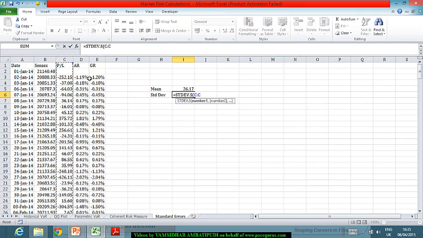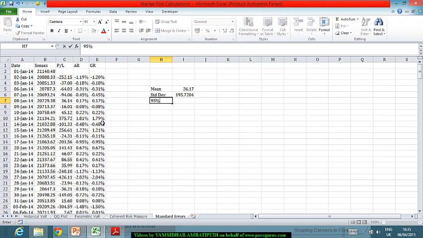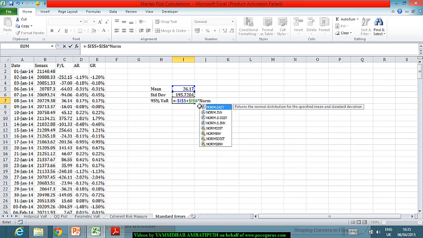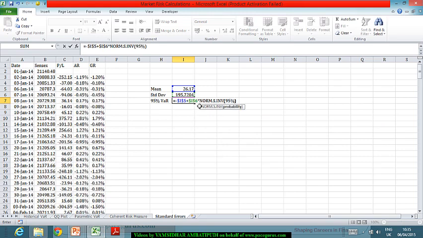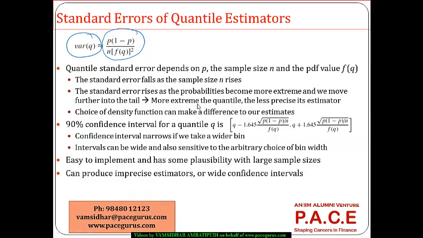These two numbers I do have. Based on this I can find the 95% confidence VaR, which comes out as minus mean plus the standard deviation times the norm inverse associated with 95%. So the 95% confidence VaR is 295.